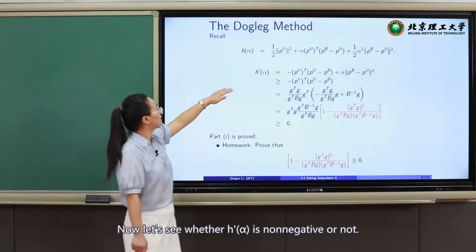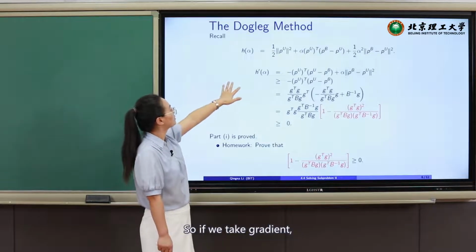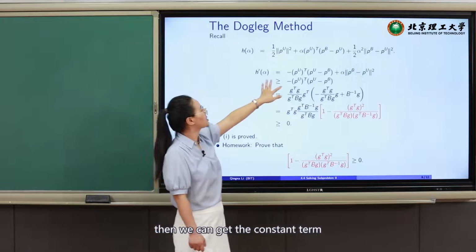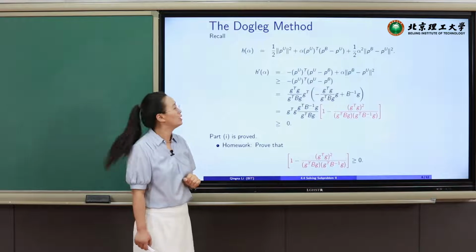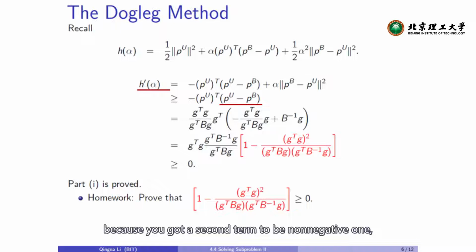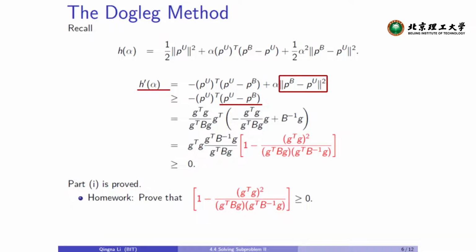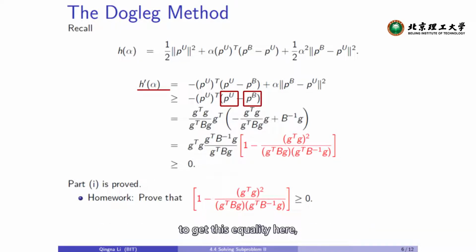Now let's see whether h prime alpha is non-negative or not. If we take the gradient, we get the constant term and the linear term in alpha. By this expression, because the second term is non-negative, it is greater than the first term. This is a very trivial one. Then next we substitute our definitions of pu and pb to get this equality here.